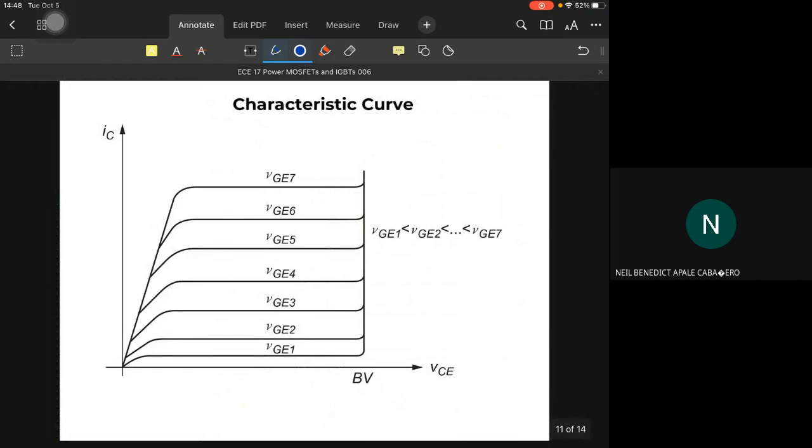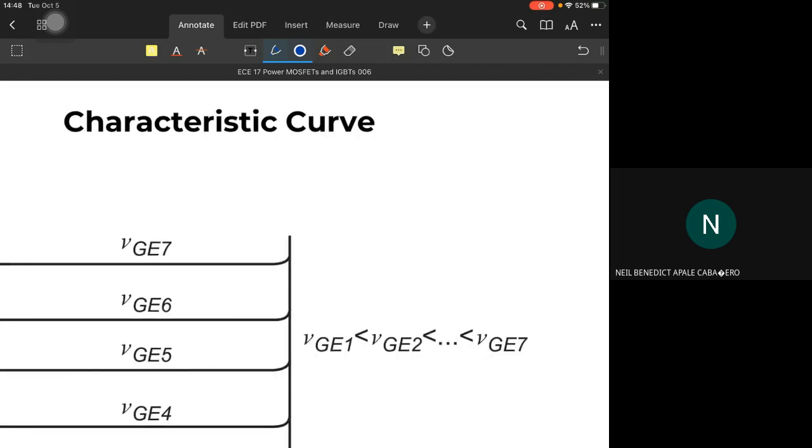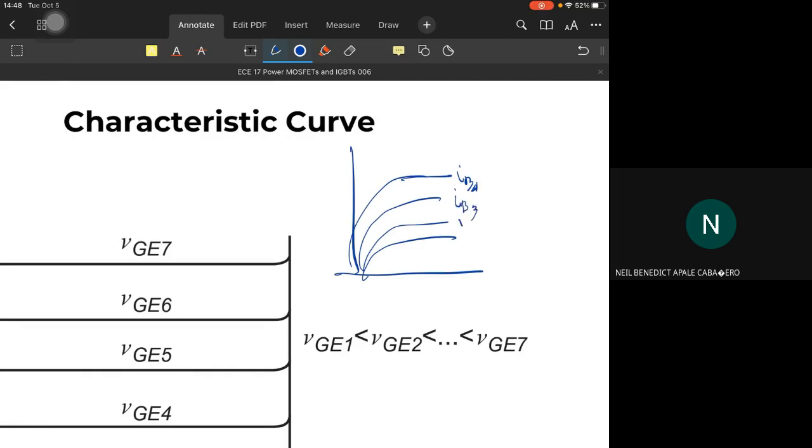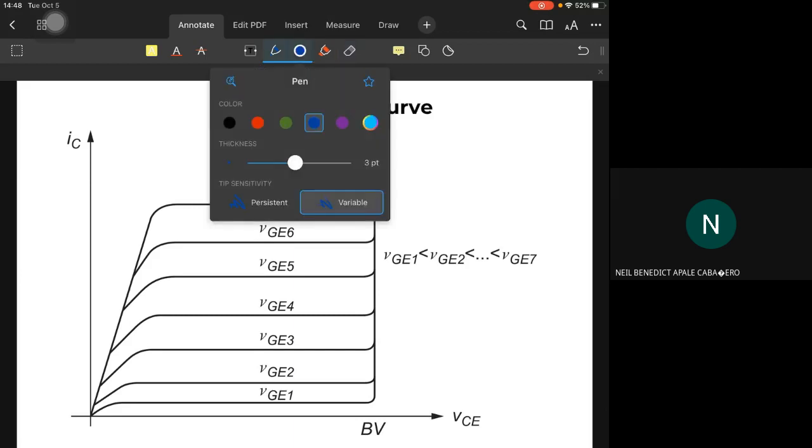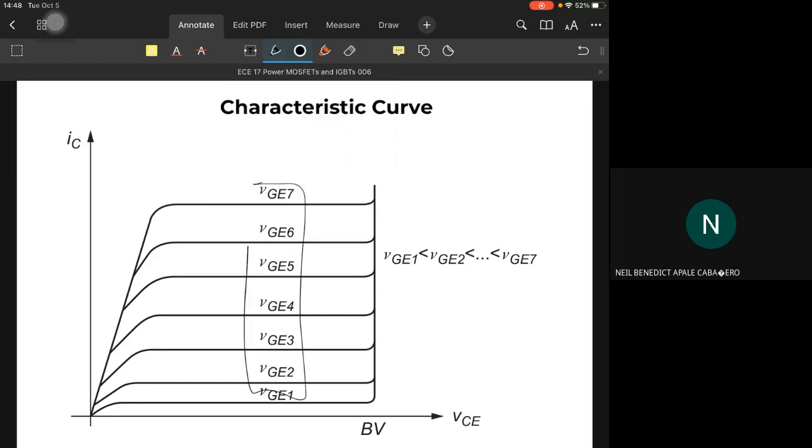The characteristic curve is almost the same as the BJT's. If you remember before with the BJT, each of these curves represents different IBs: IB4, IB3, IB2, and IB1, the controlling currents toward the base. Here it is voltage, VGE, so each of the curves represents a particular voltage.